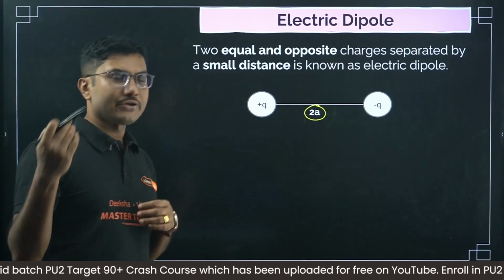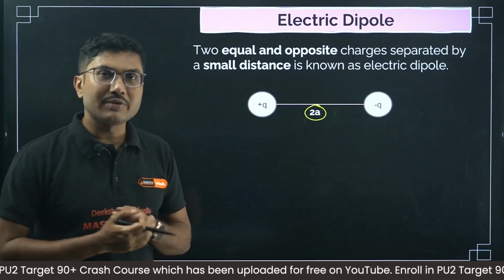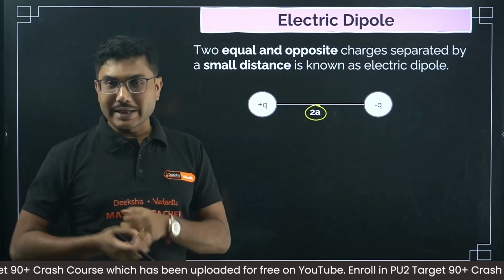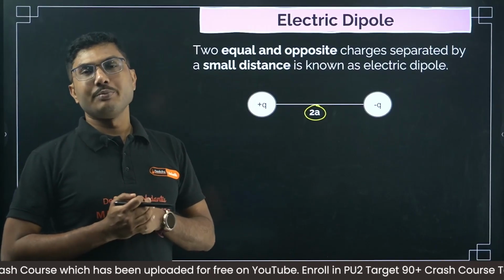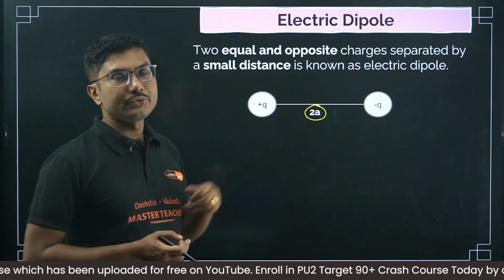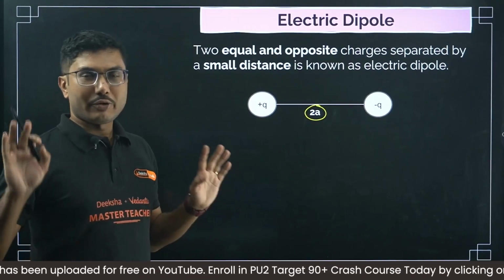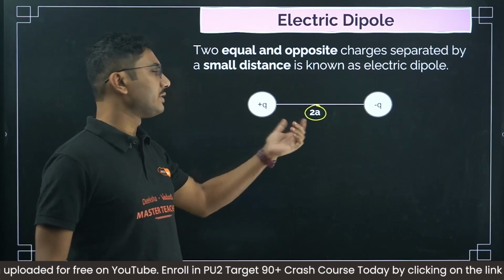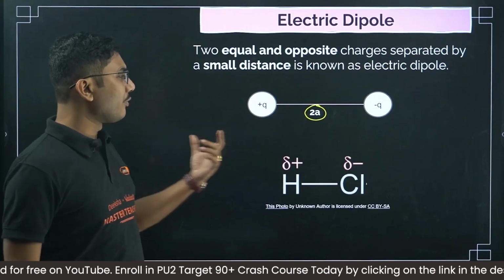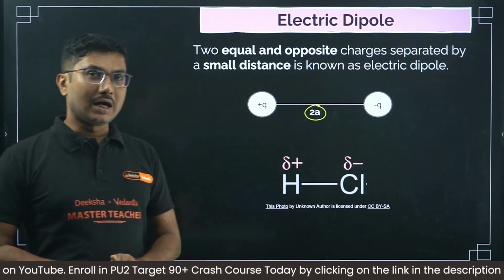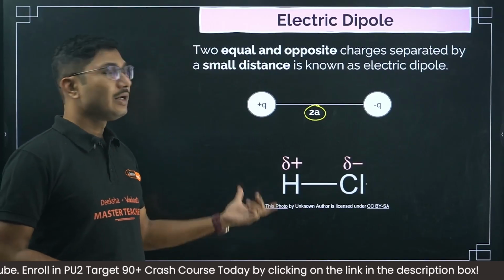But in the question sometimes the half length will not be given directly; 2a, the total distance, will be given. So be careful and do not confuse 2a with a. a is the half length, 2a is the total length. And generally one example of this is hydrochloric acid, HCl.